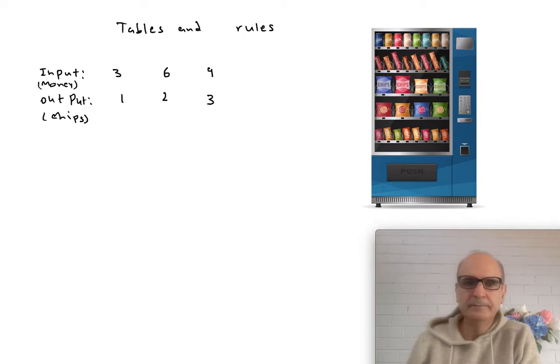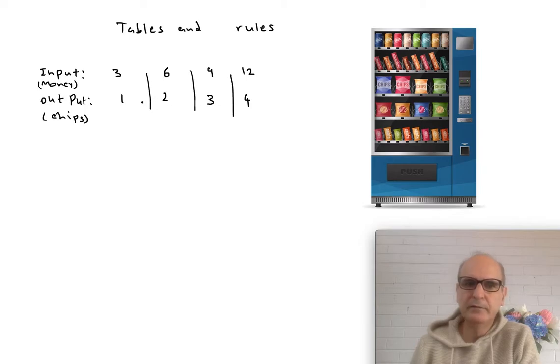All right, we can keep continuing that, and if you put in $12, you're going to have 4 bags of chips. Now, here we have, as we said, an input and an output. We can find the rule for this table of values.